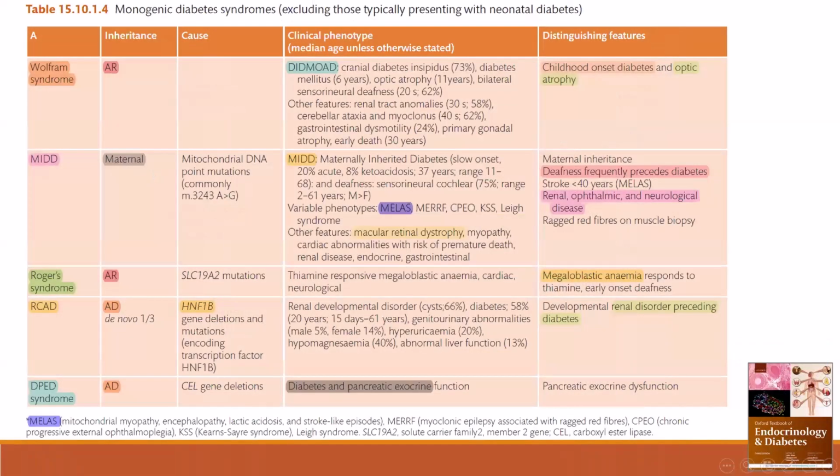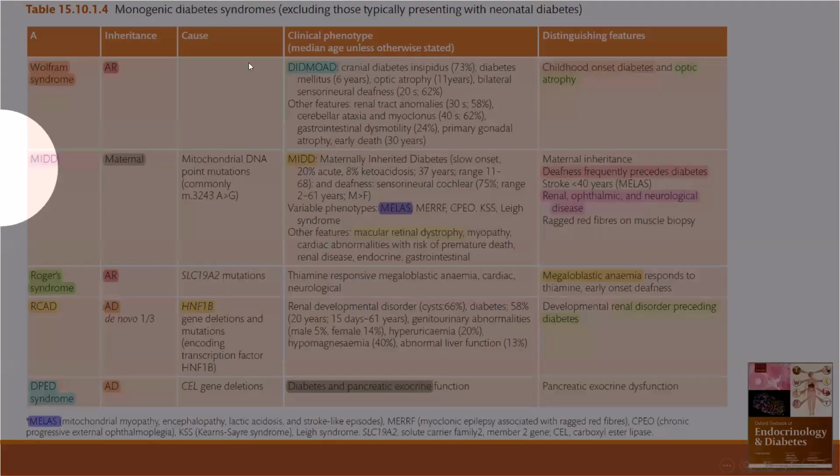Another table from the Oxford textbook. Wolfram syndrome is inherited by autosomal recessive. This is important: childhood onset of diabetes and optic atrophy. This is very, very important to know.